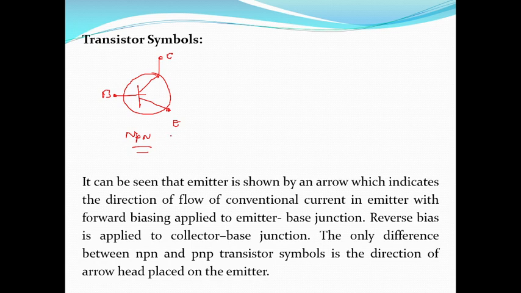The arrowhead on the emitter indicates the direction of flow of conventional current. Next, for the PNP transistor, this is the base.